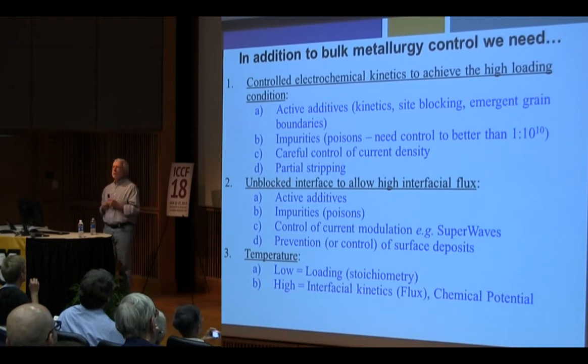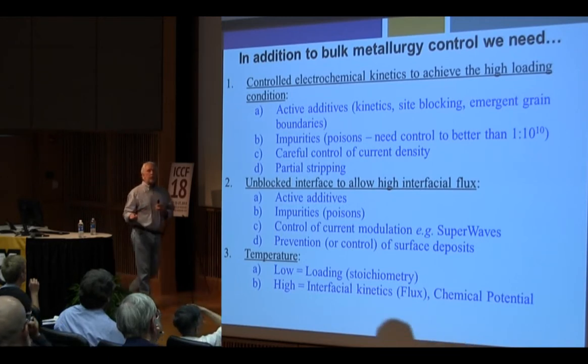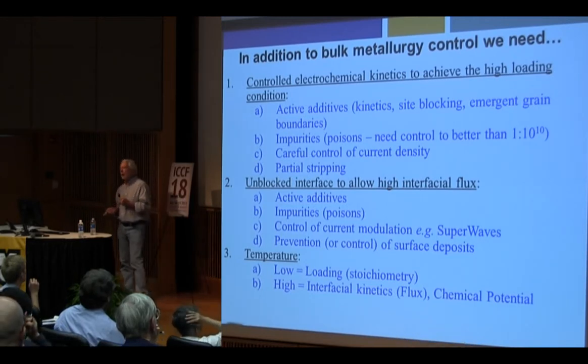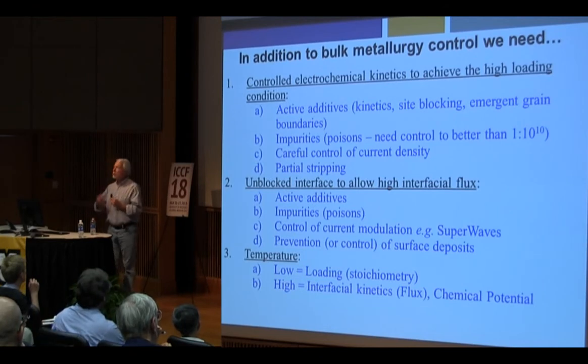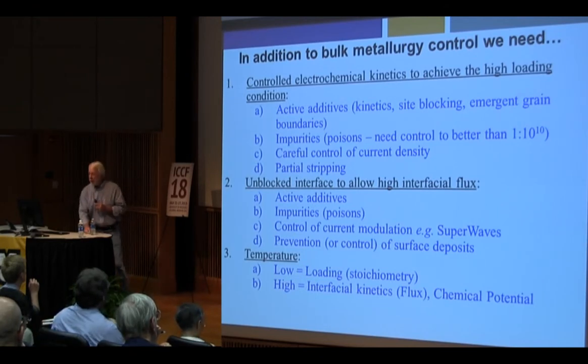Vittorio talked about platinum. Platinum is good for texturing and very bad for loading because platinum will discharge the hydrogen species preferentially and form bubbles, which takes your carefully produced atoms away.